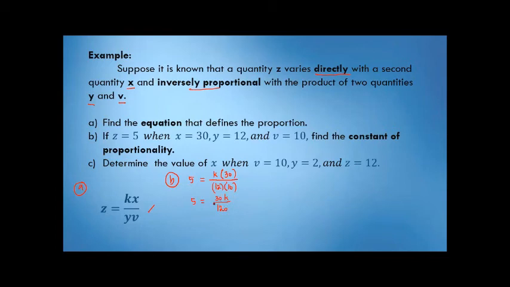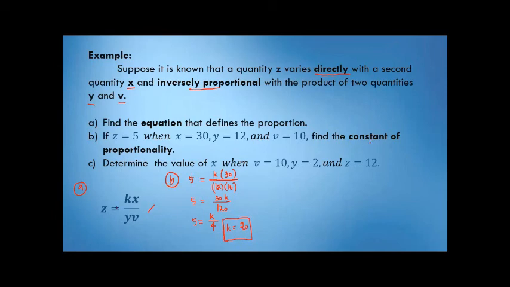I-lowest term muna natin yung 30 over 120. So, pwede siyang 5 is equals to K over 4. So, 30 divided by 30 is 1. Hindi na natin sinusulat. Then, 120 divided by 30 is 4. So, simplified na siya para mas madali yung multiplication. Therefore, K is equals to 20. So, this is the answer for letter B, constant of proportionality.